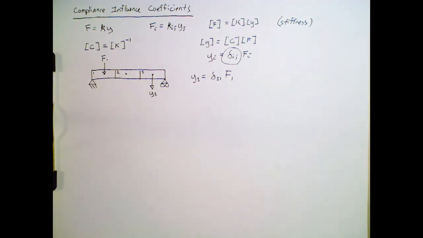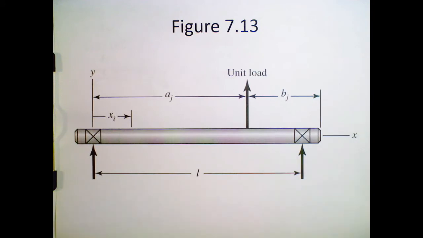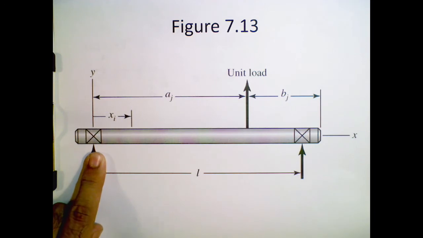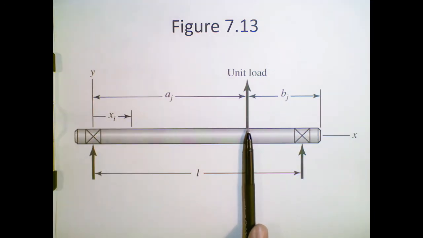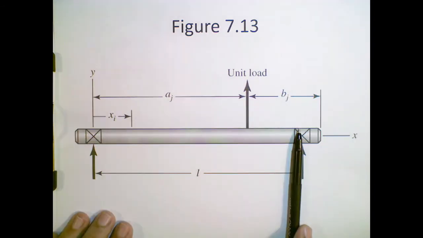All right, let's have a look at figure 7.13 to give an example of quantifying these influence coefficients. So it's a simply supported shaft, and we're interested in applying a unit load somewhere along the length of the shaft.